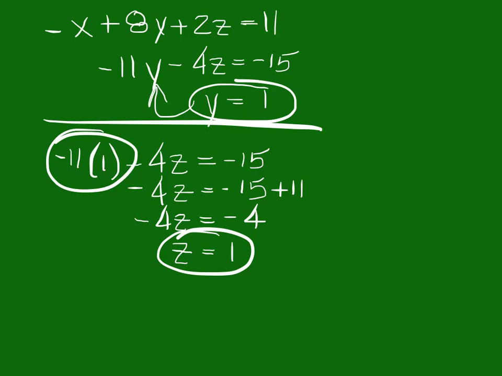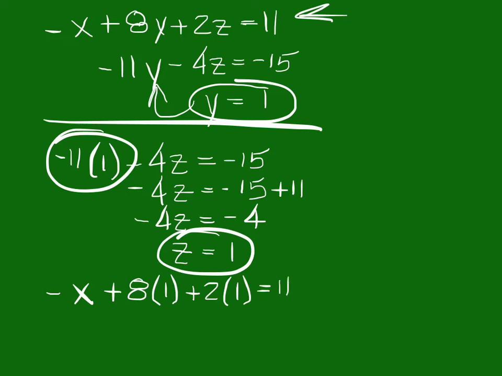The last thing you have to do is to go back here to the top one and plug in y and z. And then solve for x. So it should be negative x plus 8 times y, which is 1, plus 2 times z, which is also 1. And then simplify that. That's negative x plus 8 plus 2 equals 11.